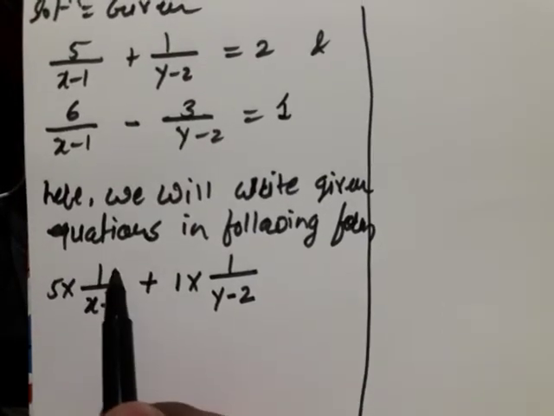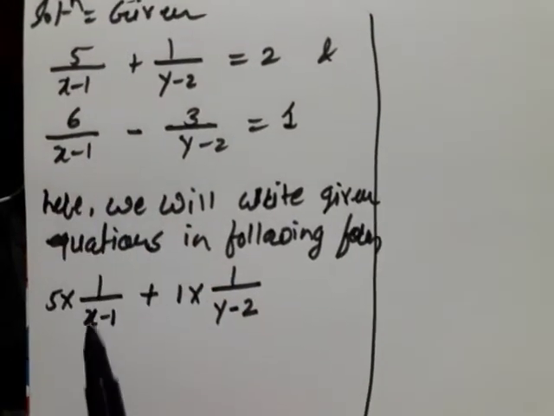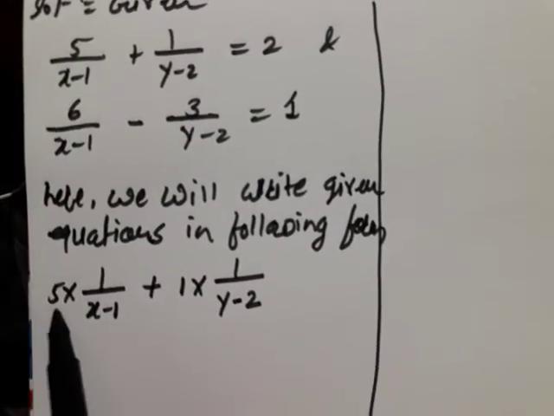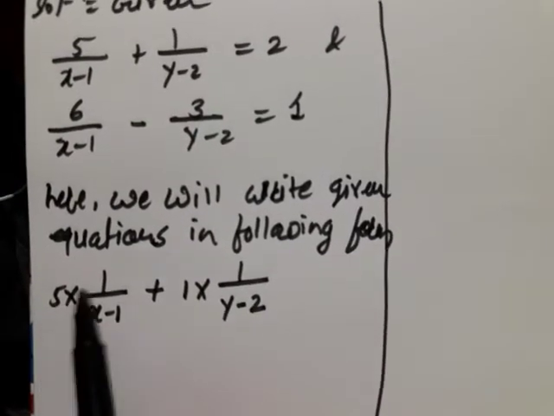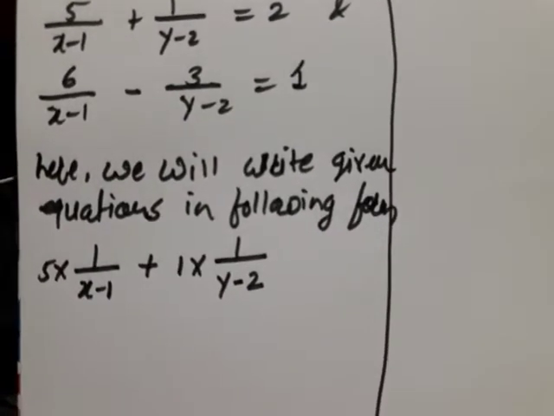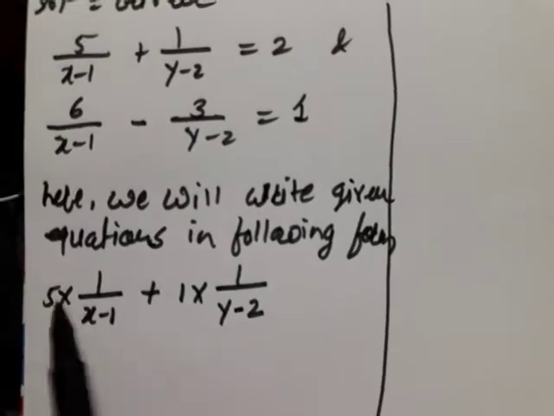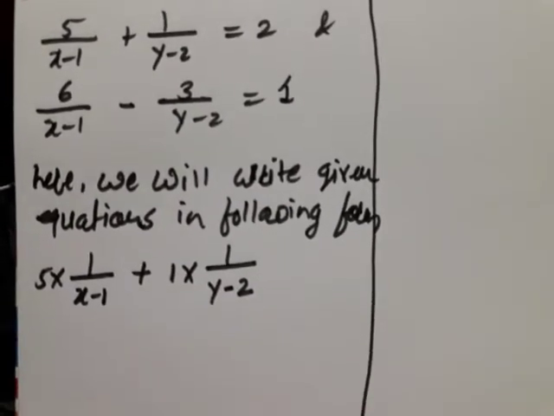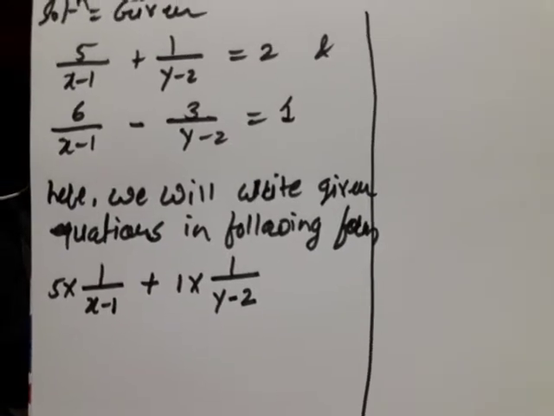When I multiply 5 by this 1, I get 5, numerator into numerator, because the denominator of 5 is 1. Now, 5's denominator is 1, then numerator into numerator, 5 into 1 is 5, and 1 into 1 over x minus 1 is x minus 1.